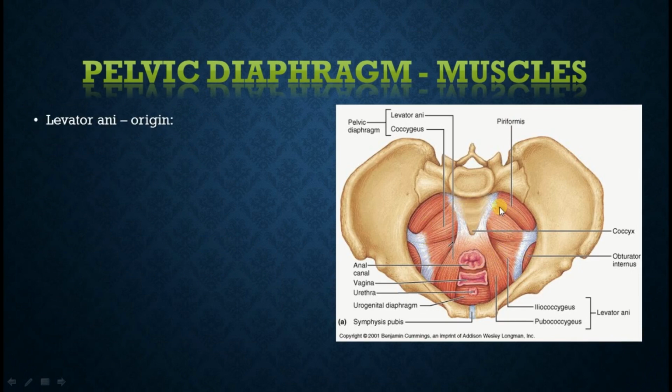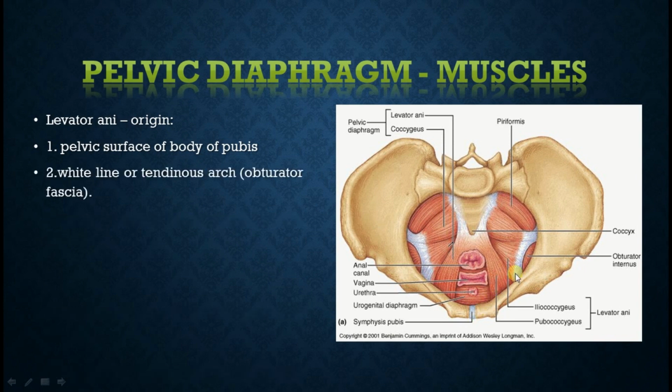The gutter shape is mainly formed by the levator ani muscle. It arises from the pelvic surface of the body of the pubis, and also from the white line. Here you are able to see the white line or tendinous arch. It is the thickening of the obturator fascia covering the obturator internus, but originally it is the fascia of levator ani.